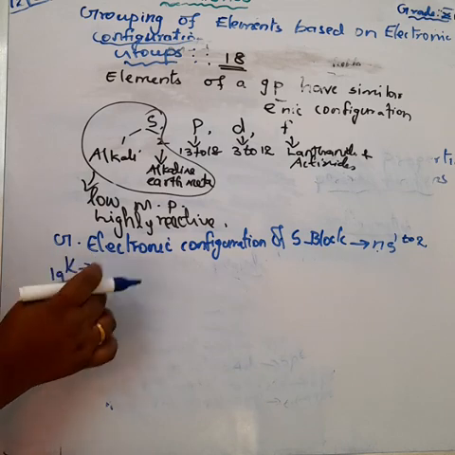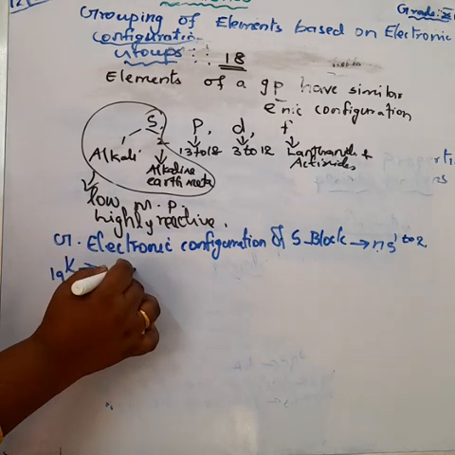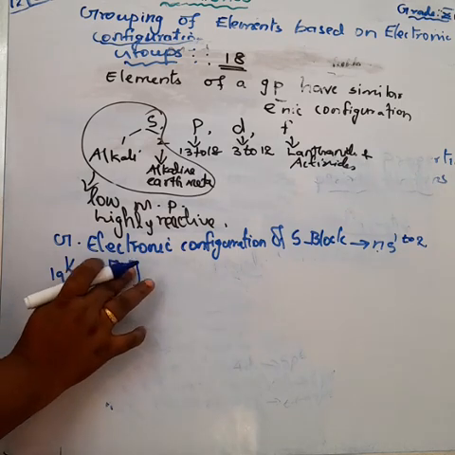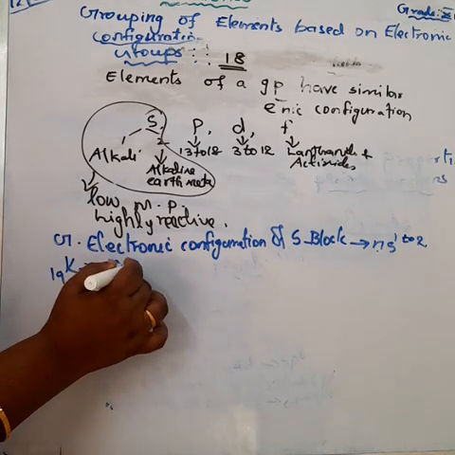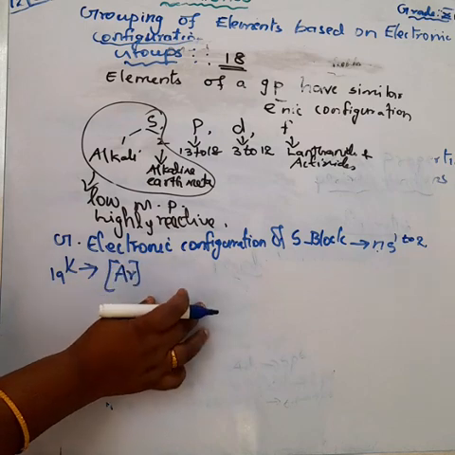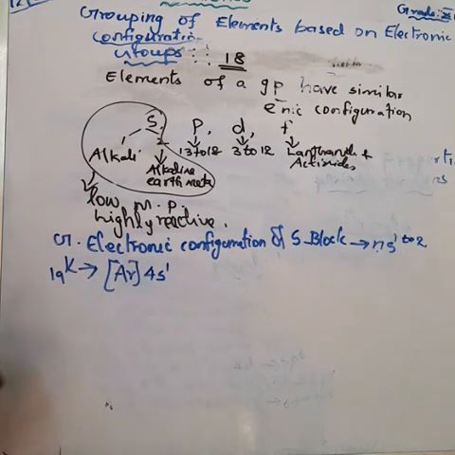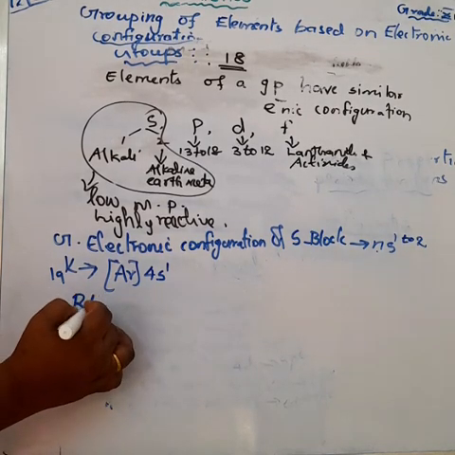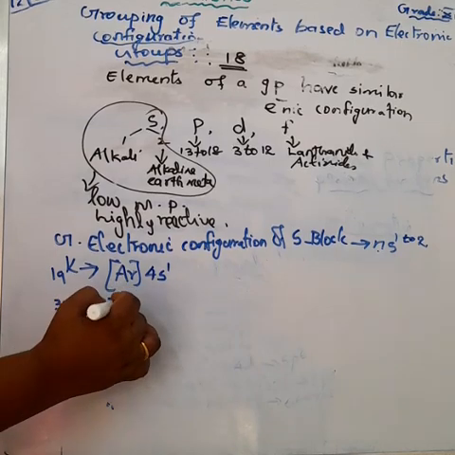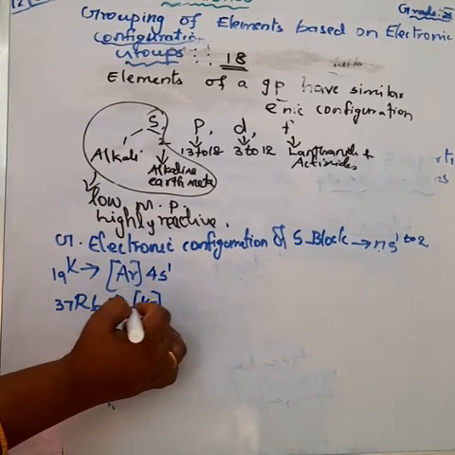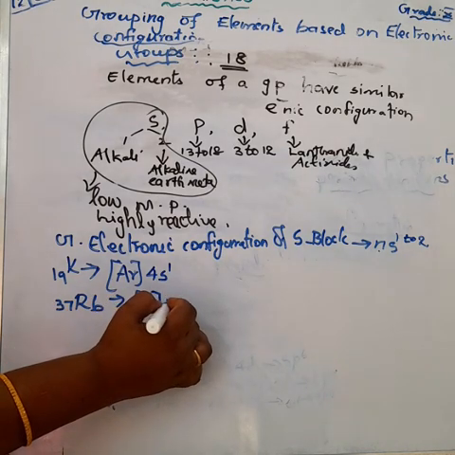For 18 we can take the nearest stable noble gas, argon, and then 4s1. Rubidium has atomic number 37. We take krypton as the nearest noble gas, then 5s1.